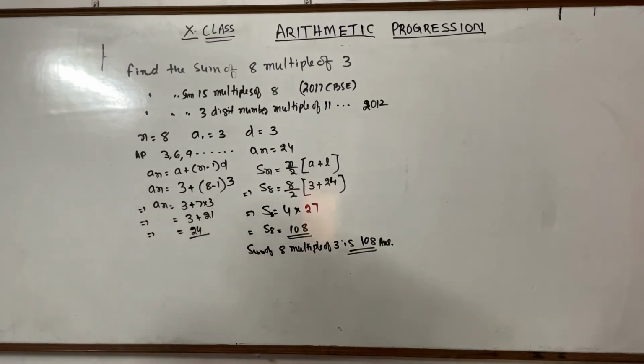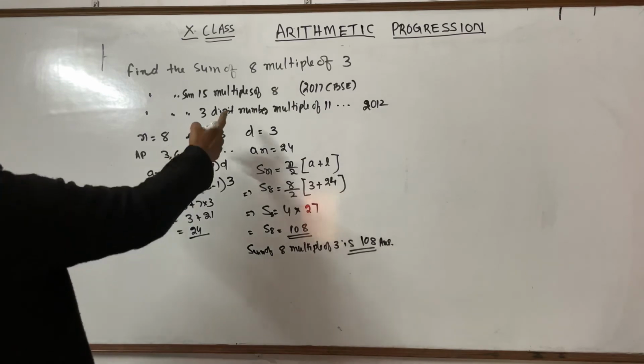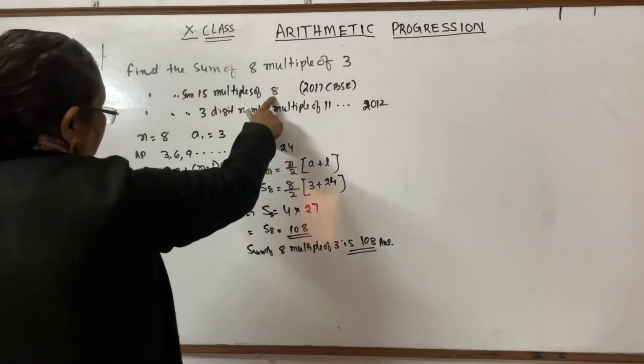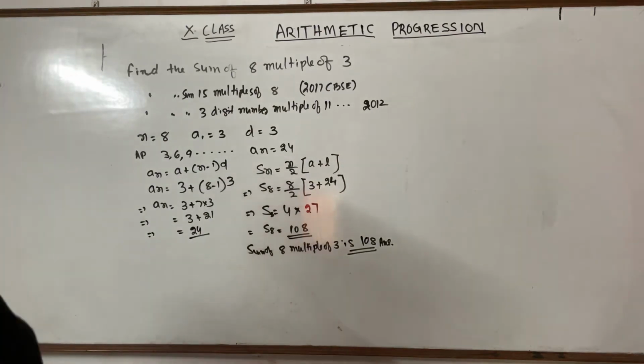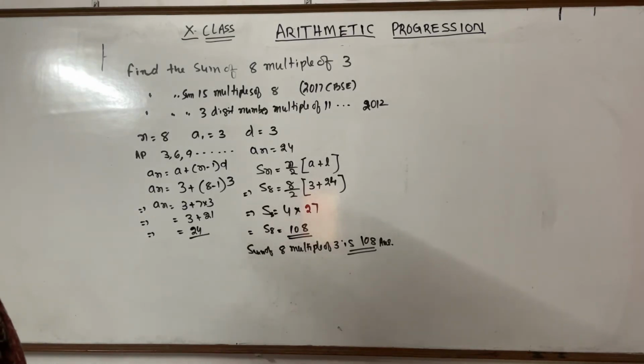See? Okay? And now 15 multiples of 8. This second question also came in 2017. Find the sum of 15 multiples of 8. N is 15. 8 will start from where? 8 ones are 8, like that it goes up to 15 terms.